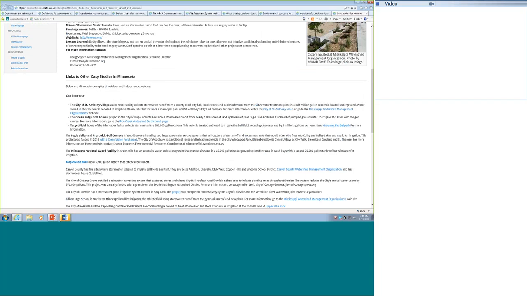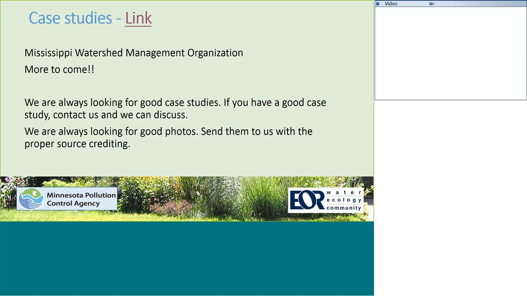At some point I'd like to elaborate on all these, such as the city of St. Anthony Village. I'll be putting more about their system and the Unacre Ridge Golf Course and Target Field. So this is a work in progress. Again, if you have good information, please send it to me and I will make sure it gets into the manual.